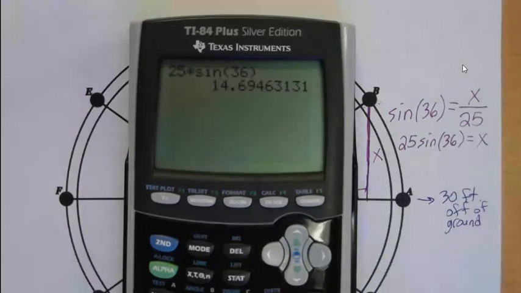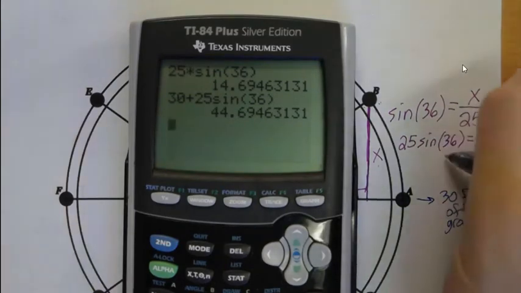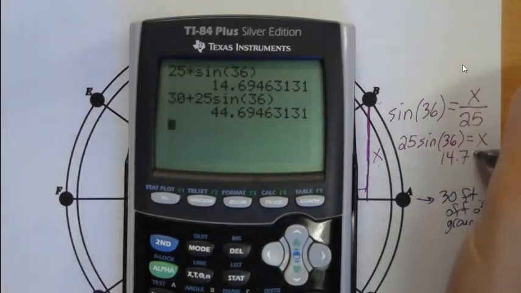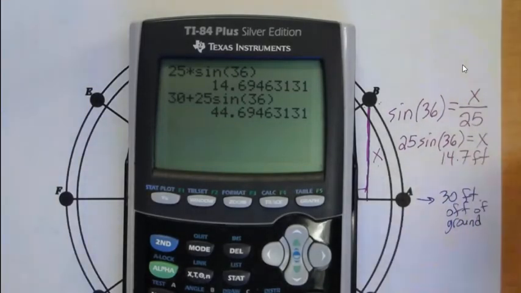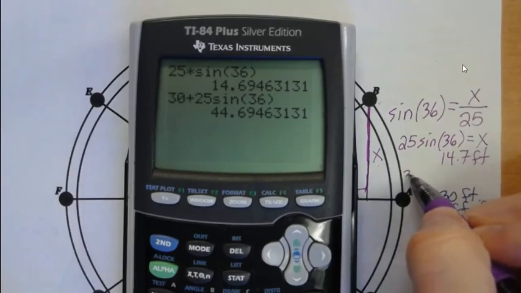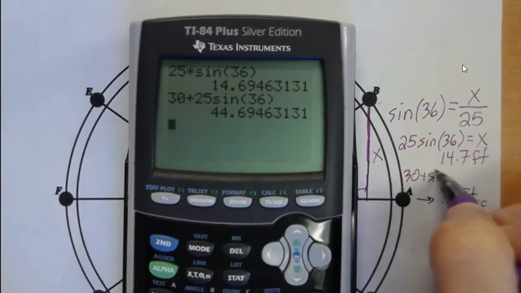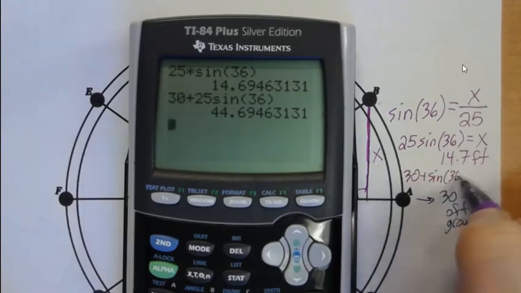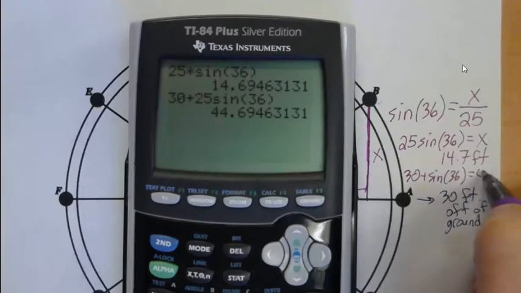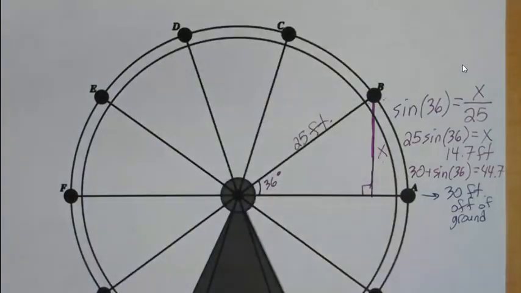So it really would be 30 plus 25 sine of 36 degrees, and that ends up being about 44.7 feet off the ground total. So we have a little equation there: 30 plus 25 sine of 36 is equal to 44.7. So we have solved for point B.